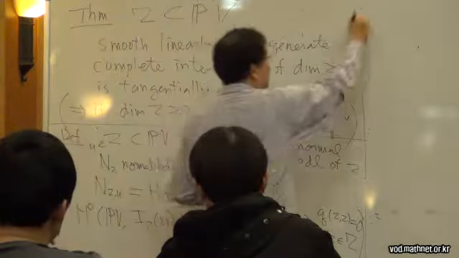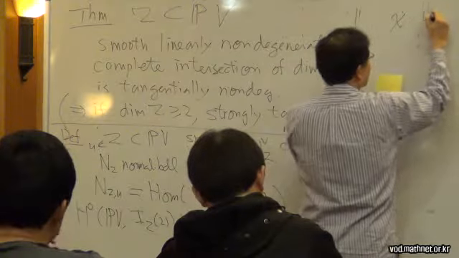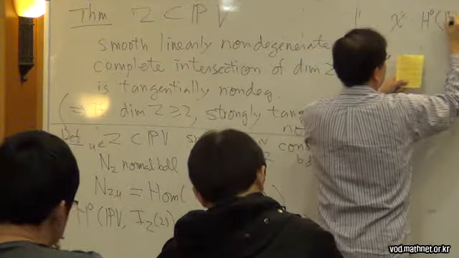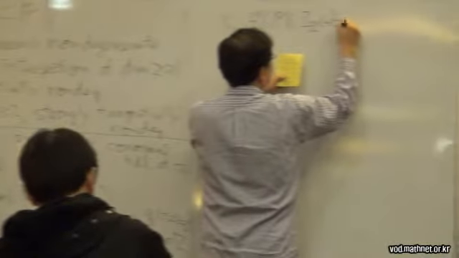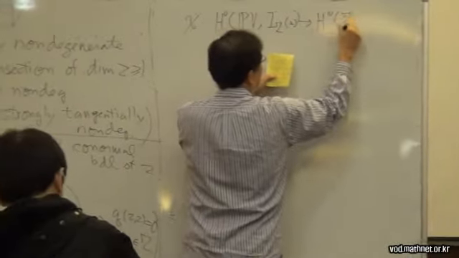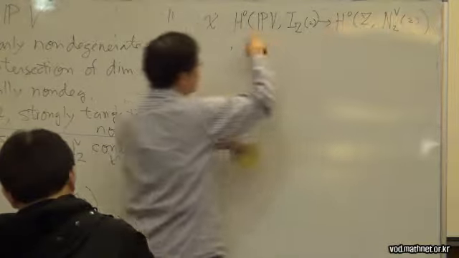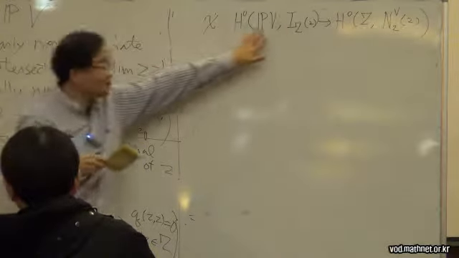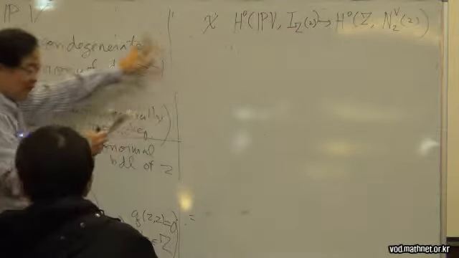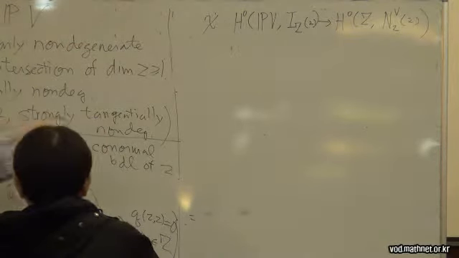Now I define the following homomorphism, chi. And this must be one of the standard homomorphisms, but let's recall what this is. So it is defined as follows.